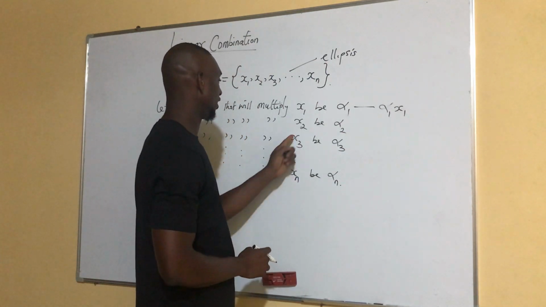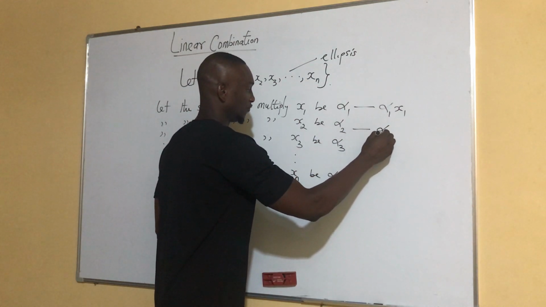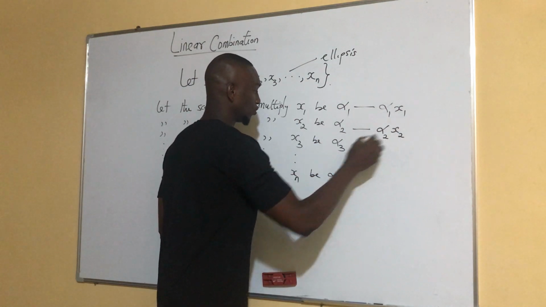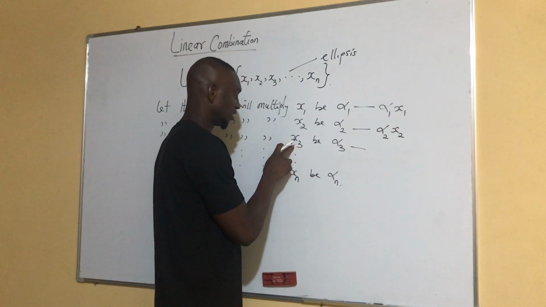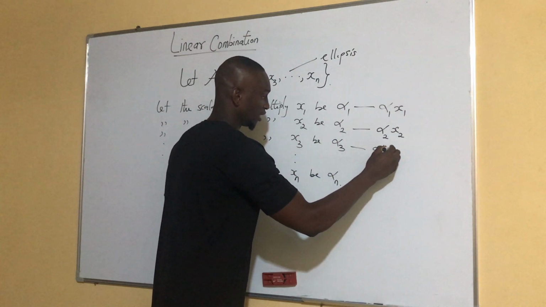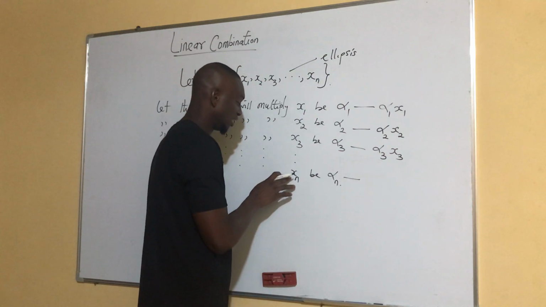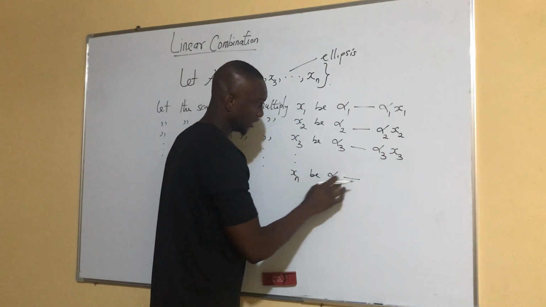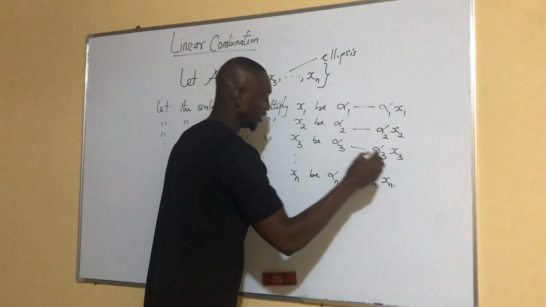The product between x2 and alpha 2 becomes alpha 2 x2. The product between x3 and alpha 3 becomes alpha 3 x3. In the same way, the product between xn and alpha n becomes alpha n xn.